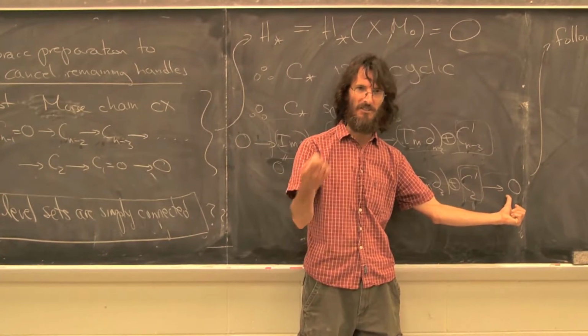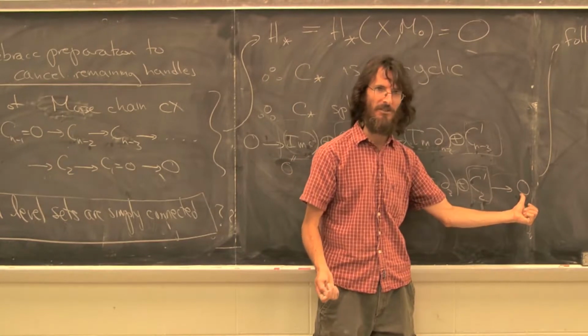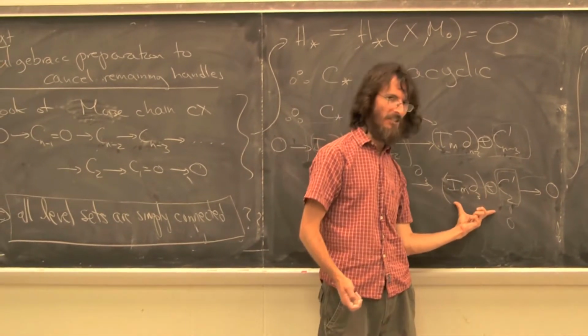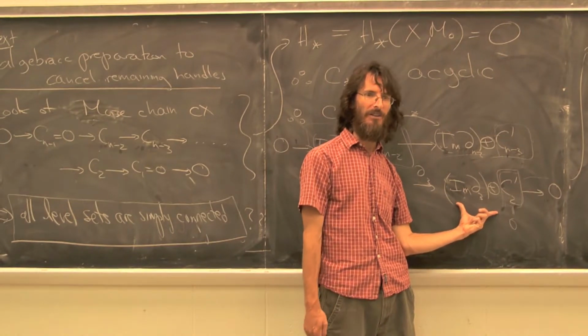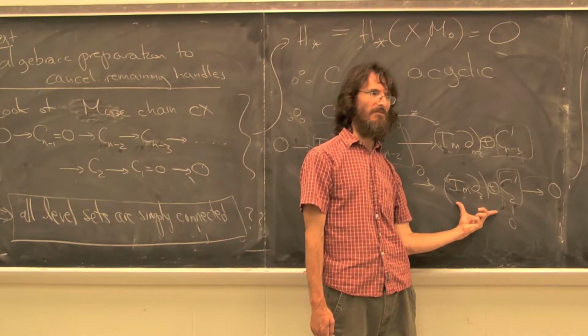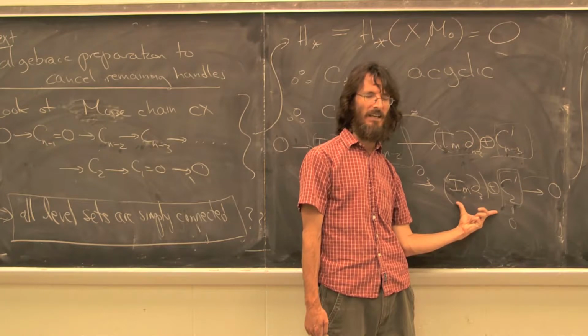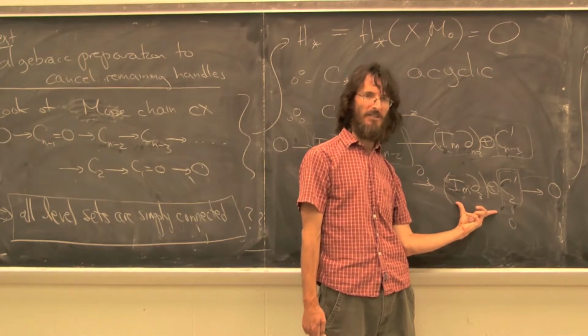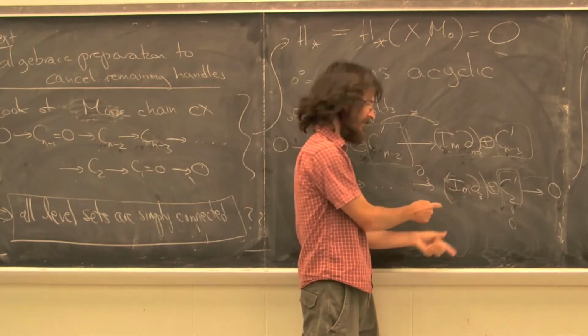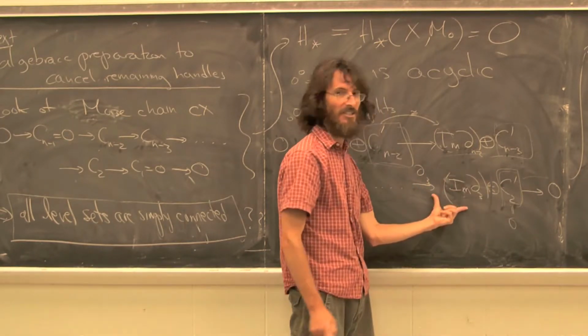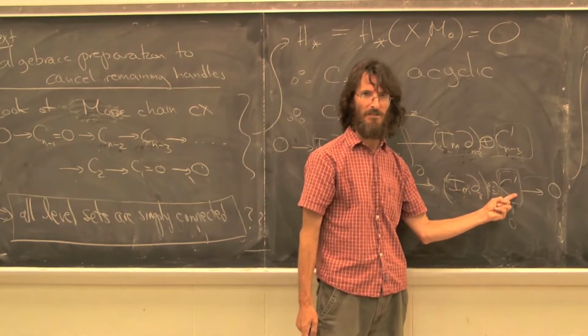So C1 is equal to 0, and every generator of C2 goes to 0. Therefore, H2 is generated by all the index 2 critical points. But H2 is 0, therefore every index 2 critical point is in the image of boundary 3. So this boundary 3 is the entire C2, and so this has to be 0.